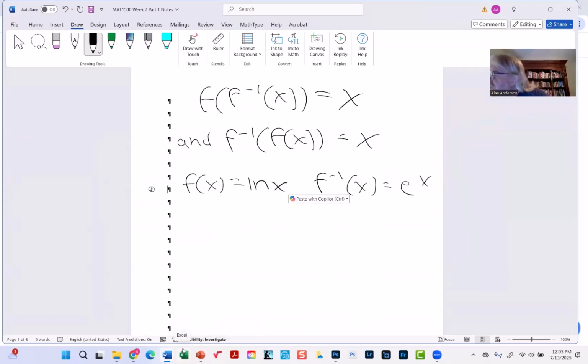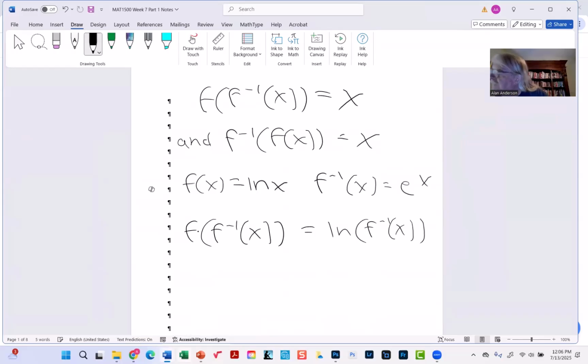So first, what is the value of f of f inverse of x? What you're going to do is take your f of x, which is log of x, and replace the x with f inverse. Okay, and so then we have log e to the x, and by definition, this is equal to x. Okay, and then we do the opposite.